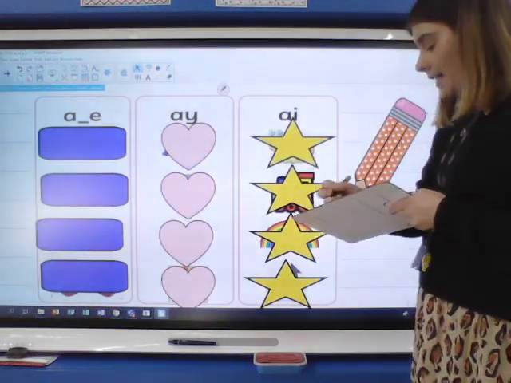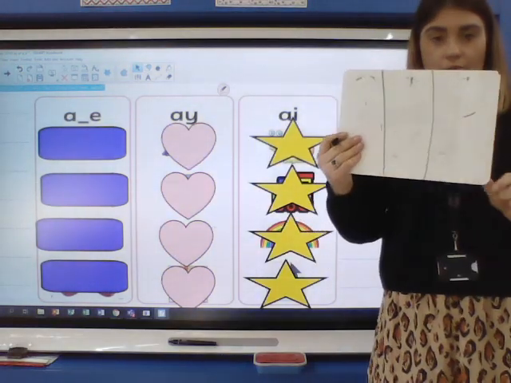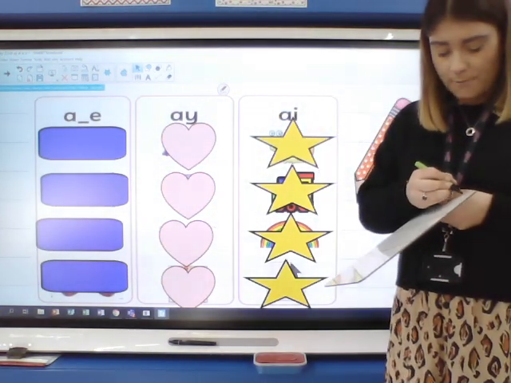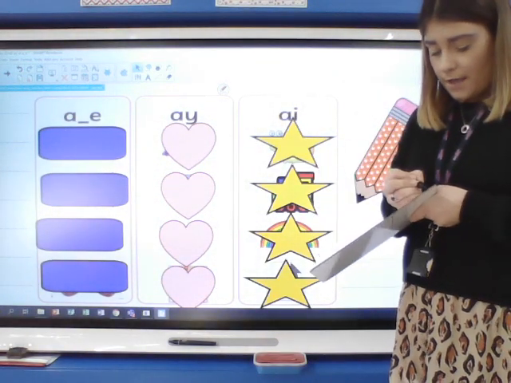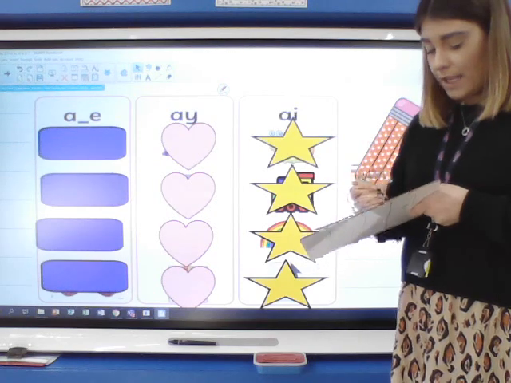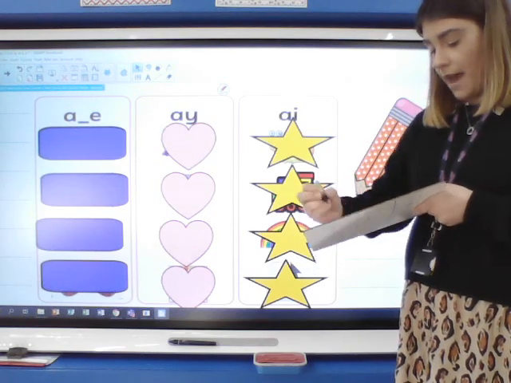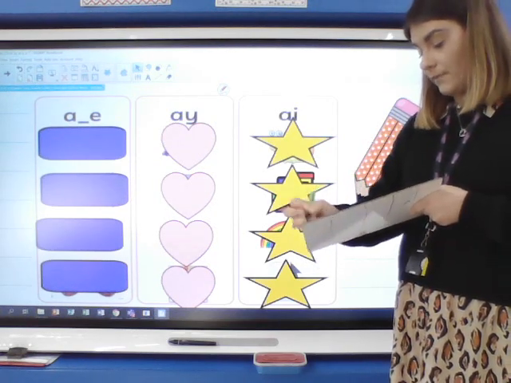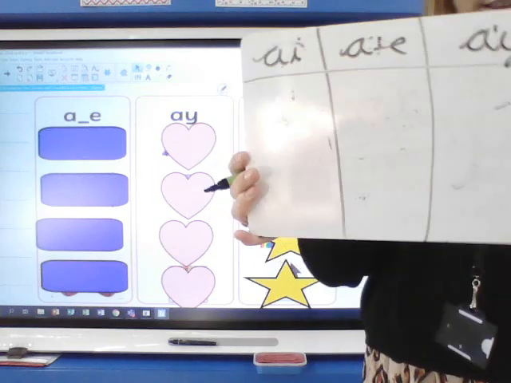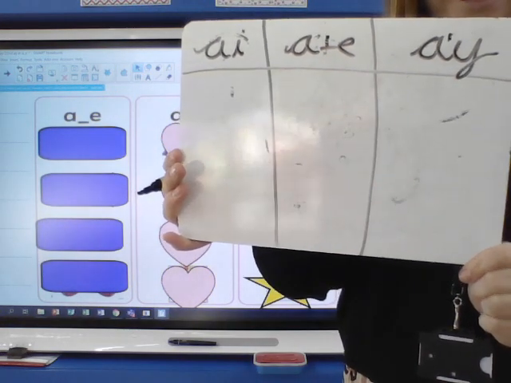Okay, so if you put 2 lines down the middle of your whiteboard, that should give you 3 columns. And then you can pop a line across the top and you can write each grapheme at the top. Okay. There we go. So we've got AI, A split diagraph, and AY.